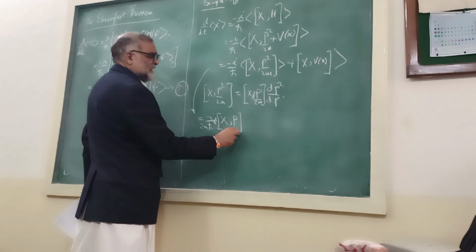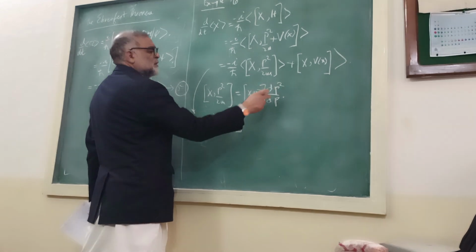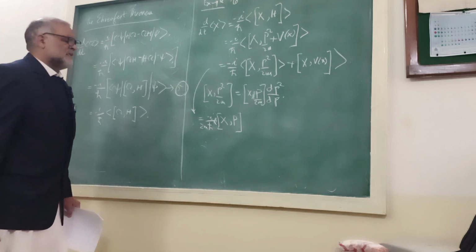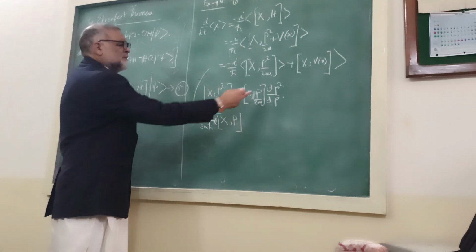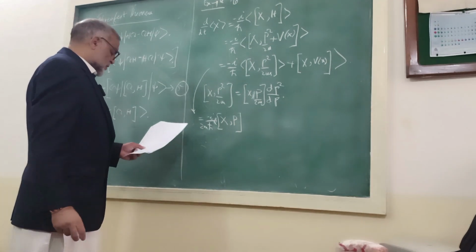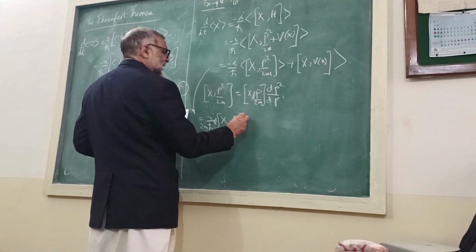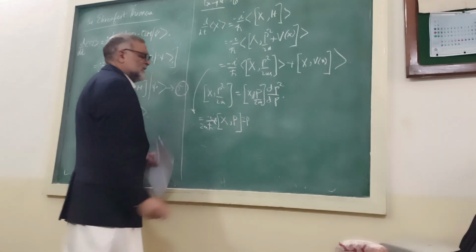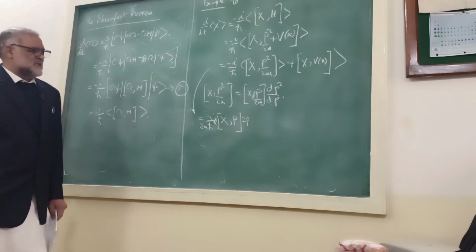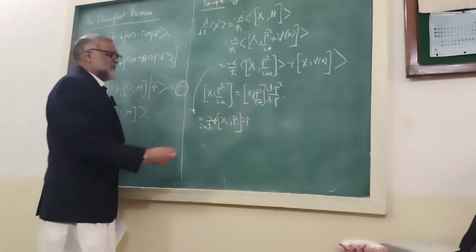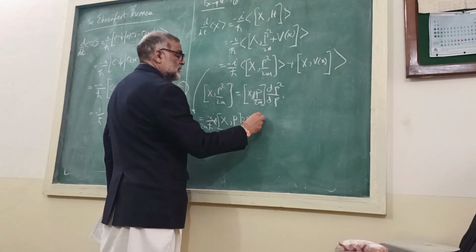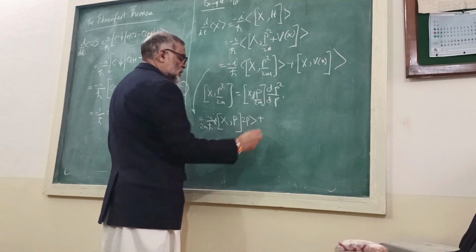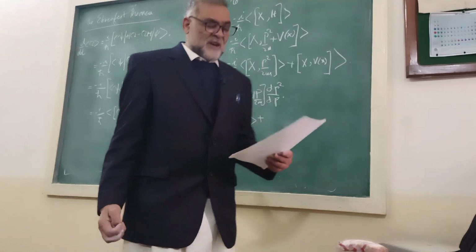The derivative of p square will be like 2p, and the expectation value, plus x and V of x.